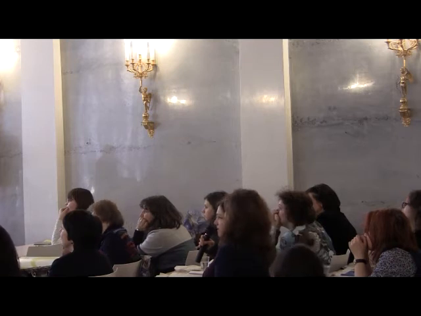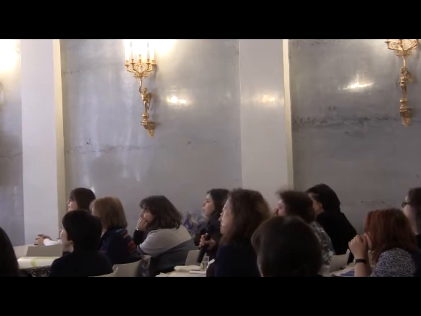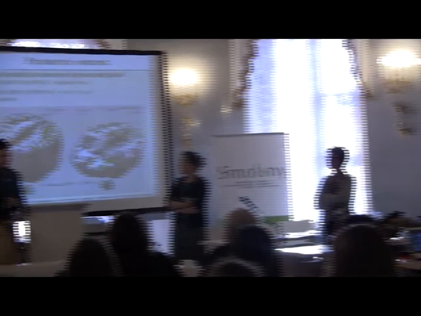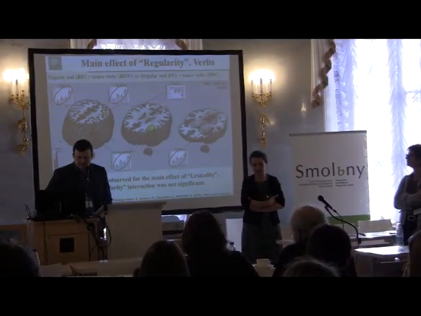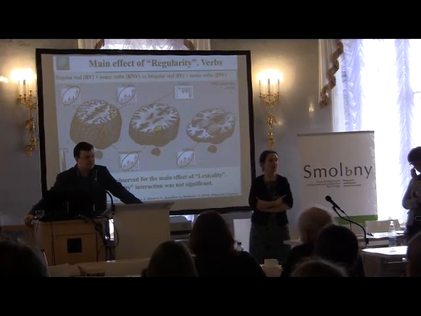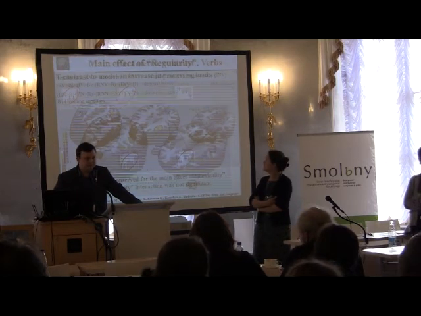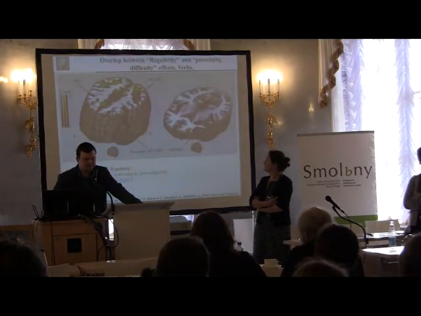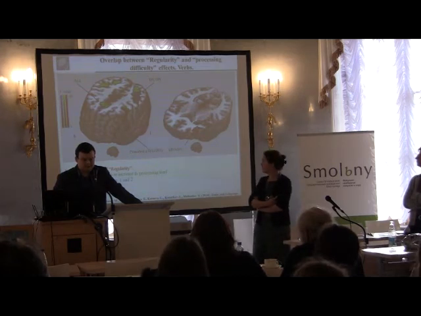And you call that the main effect of regularity? No. There is the parametric contrast, modeling the increase from regular verb to irregular verb to nonce verb. Here is the main effect of regularity. Because later on you mention red is regularity and green is processing load.